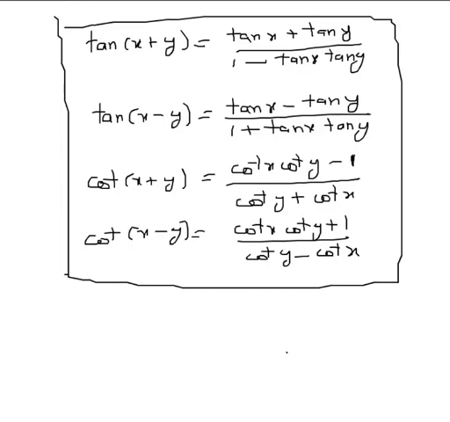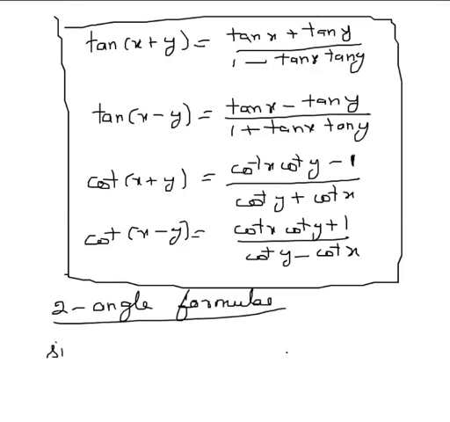Now we will derive the 2 angle formulae. That is sine 2x. Sine 2x can be written as sine of x plus x, and use the sine x plus y formula.